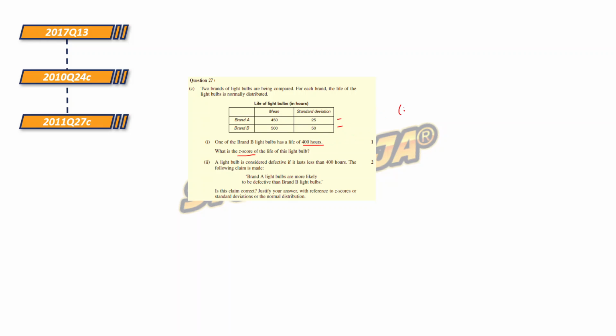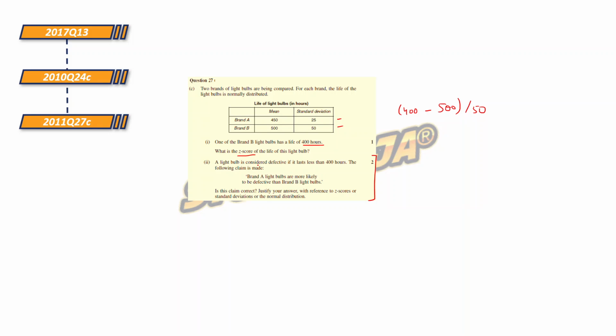You've got 400, you subtract the mean, which is 500, and you divide it by the standard deviation of B, which is 50. Pretty straightforward. But this one is very interesting, and this was the whole reason I wanted to teach you the theory behind the z-score, because it is these kinds of practical questions that I think are going to come more and more, and this is where the application lies.